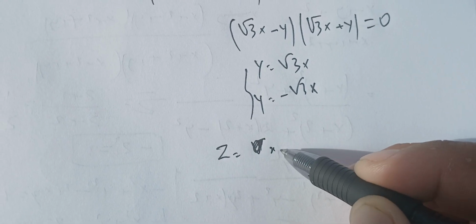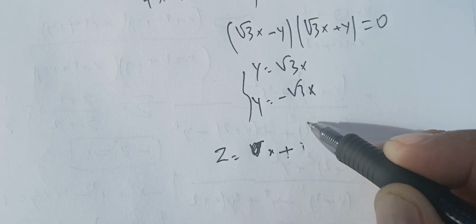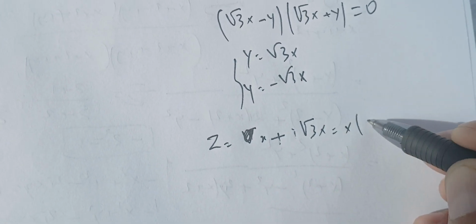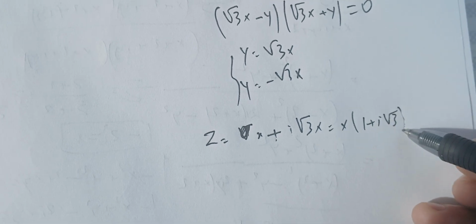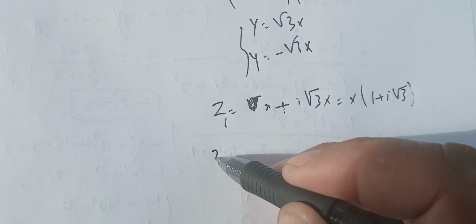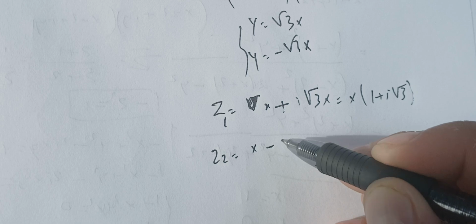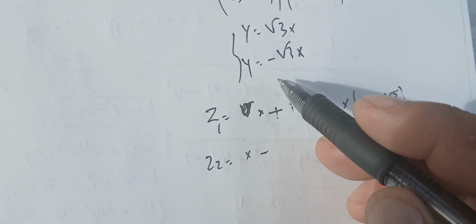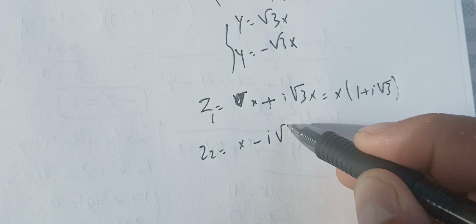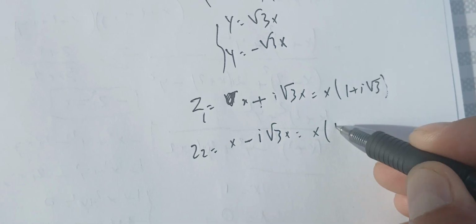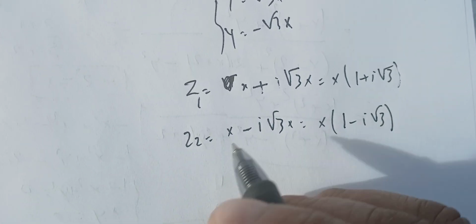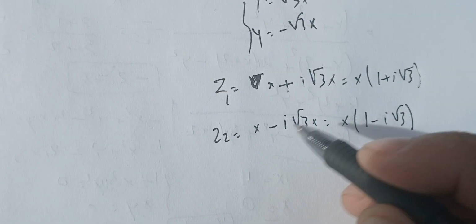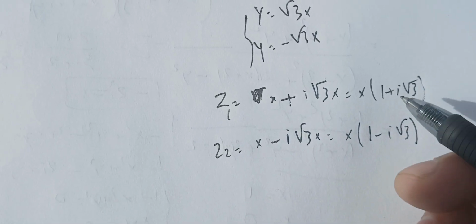Let's get x first. x plus iy, with y the square root of 3x, gives me z1 is x times 1 plus i square root of 3. And z2 is x plus i times y, which is minus square root of 3x, which is x times 1 minus i square root of 3.